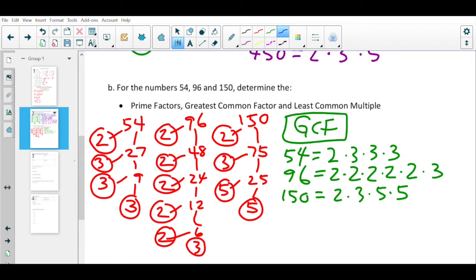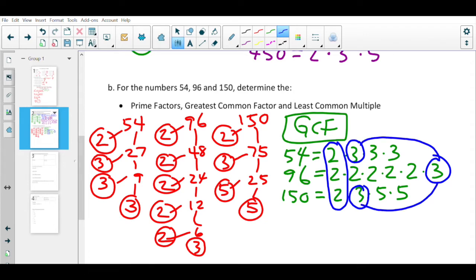So for the GCF, for each of the numbers, what prime factors are in common? So we see 2's, and we see a 3 here, a 3 here, and a 3 here. Okay, so I'm just going to draw a line to connect those. So the 3's are common. Do we have any more 3's common to the other numbers?